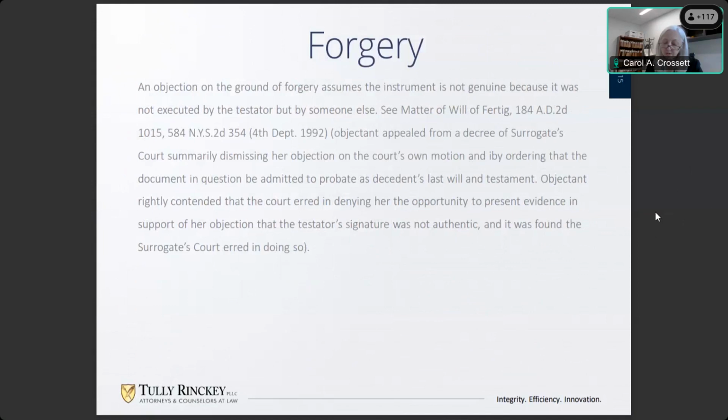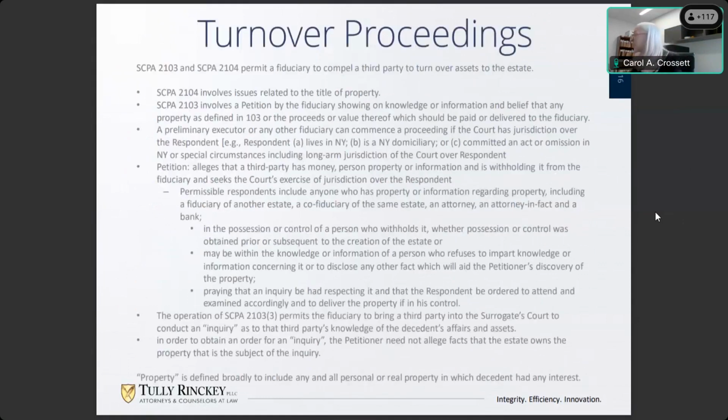This was reversed on appeal because she had in fact verified her objections. She had made sufficient assertions related to why she thought the will was a product of forgery. It found that the surrogate erred in dismissing her objections and admitting the will to probate.